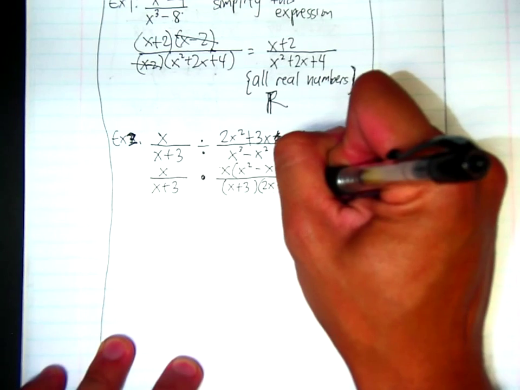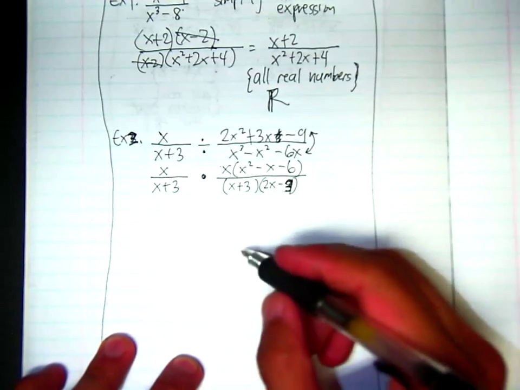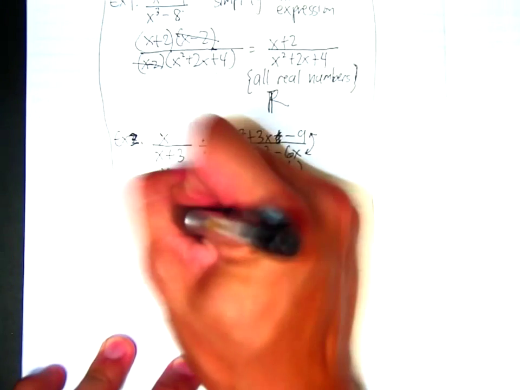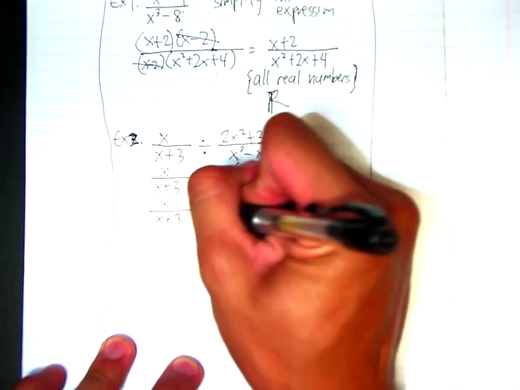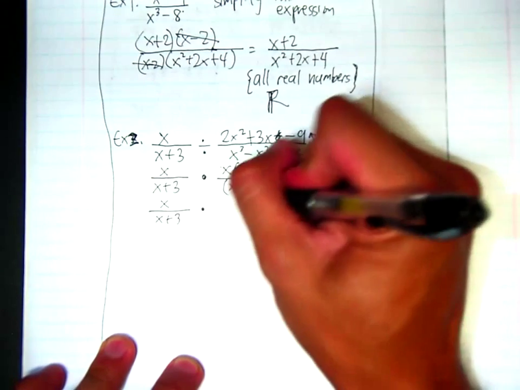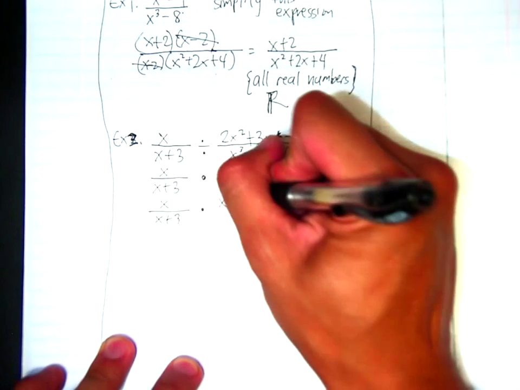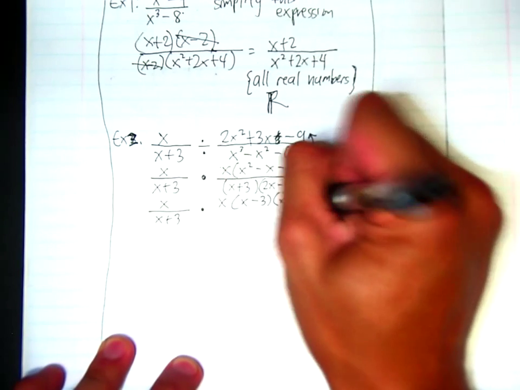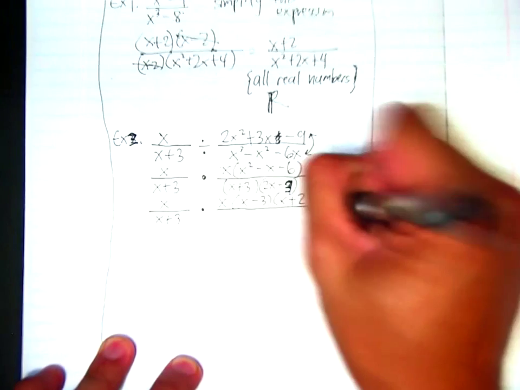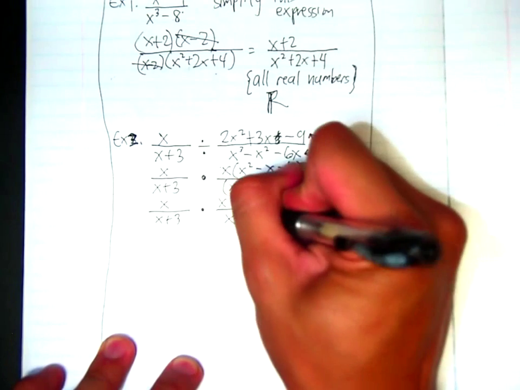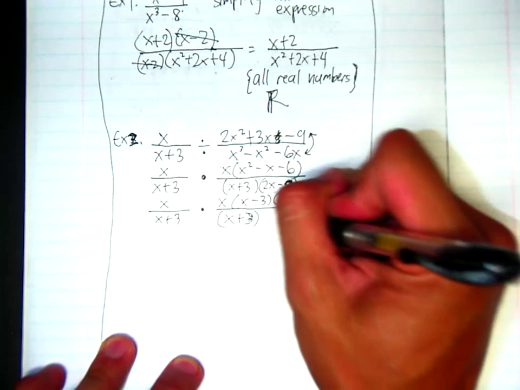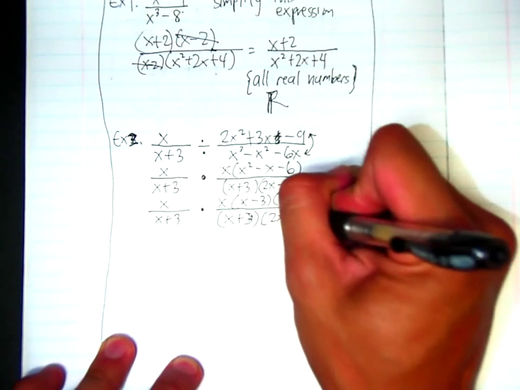Sorry, getting super messy. I also look here and I can factor this more, so it'll be x over x plus 3 times x minus 3, x plus 2, all over x plus 3, 2x minus 3.